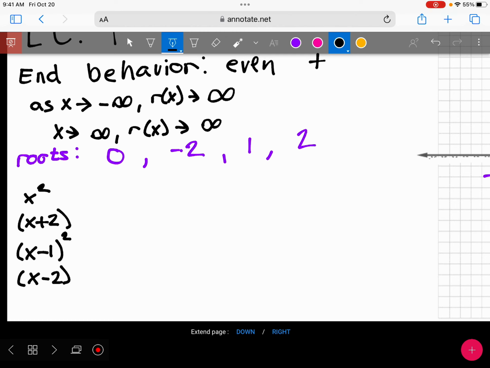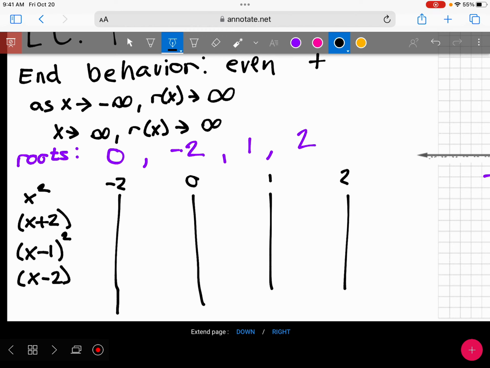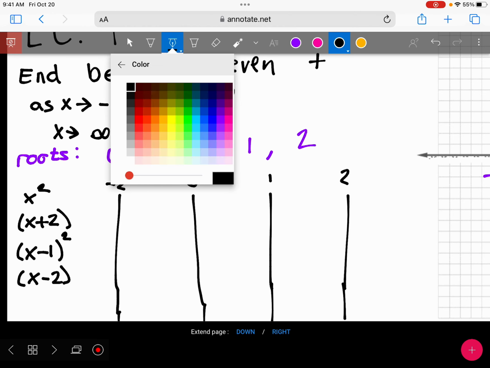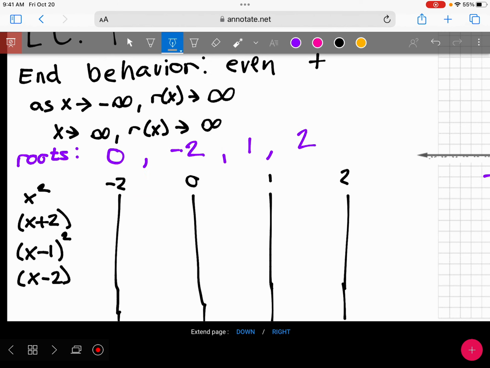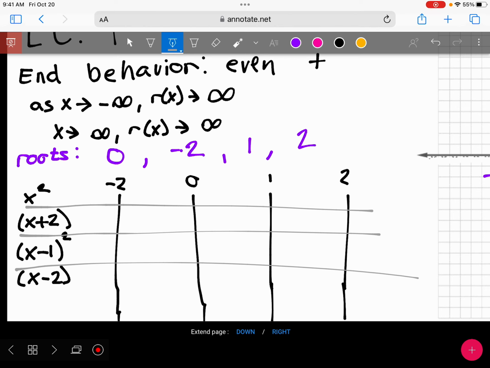And our roots are -2, 0, 1, and 2. Just making my little table here so that it's at least vaguely organized. Not f of x, r of x.